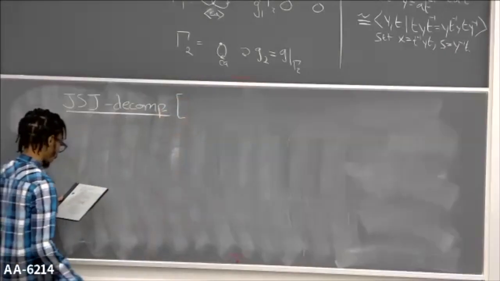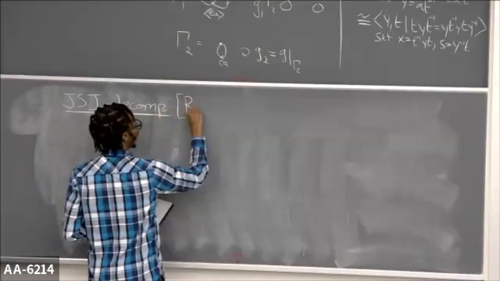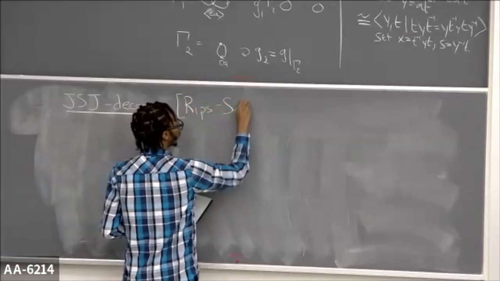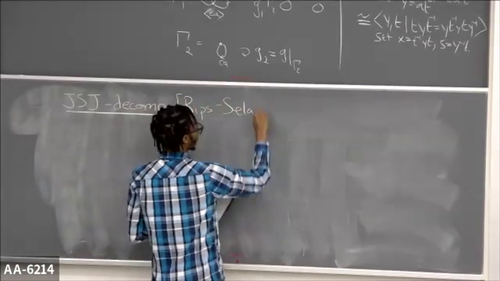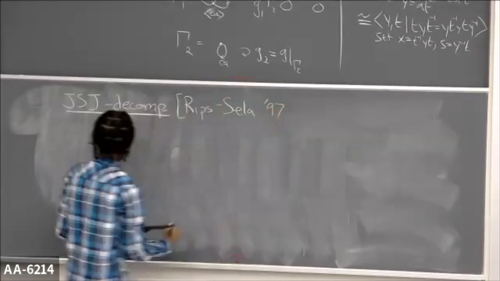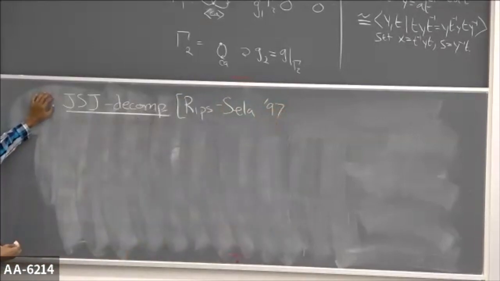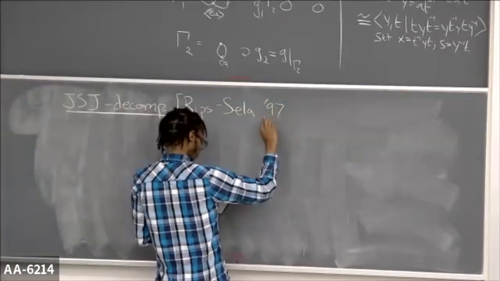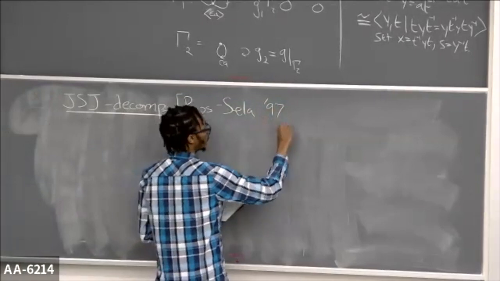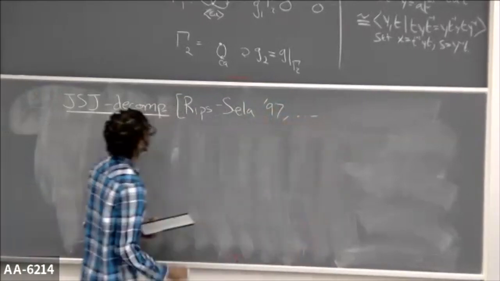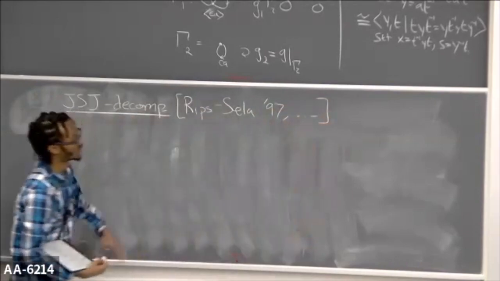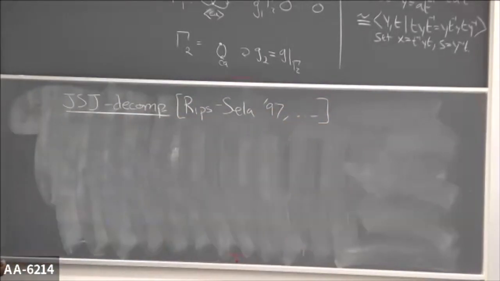For the sake of time, I'm now going to state the full theorem. Rips, Sela, in '97. JSJ really comes from the study of three manifolds, decomposing three manifolds. But there's lots of people who have extended it to a group theoretic setting.